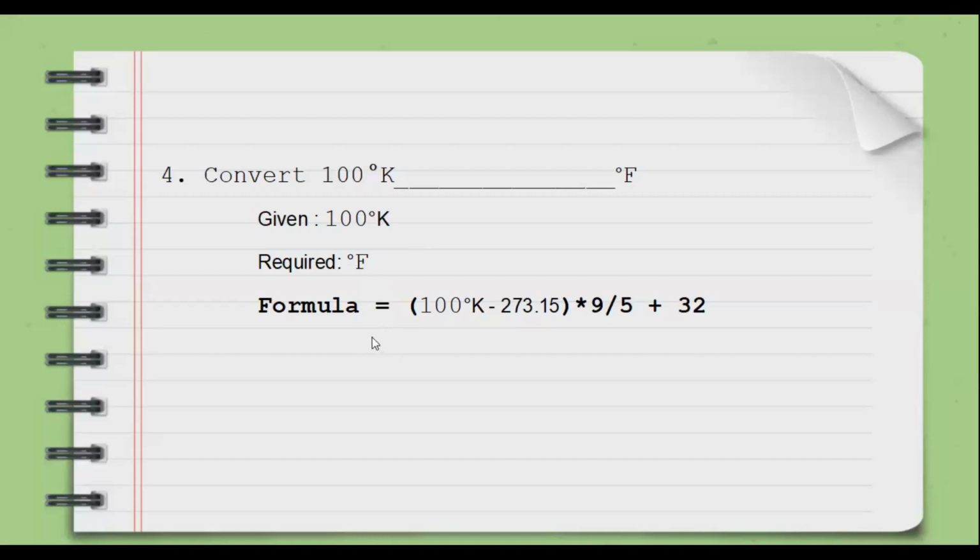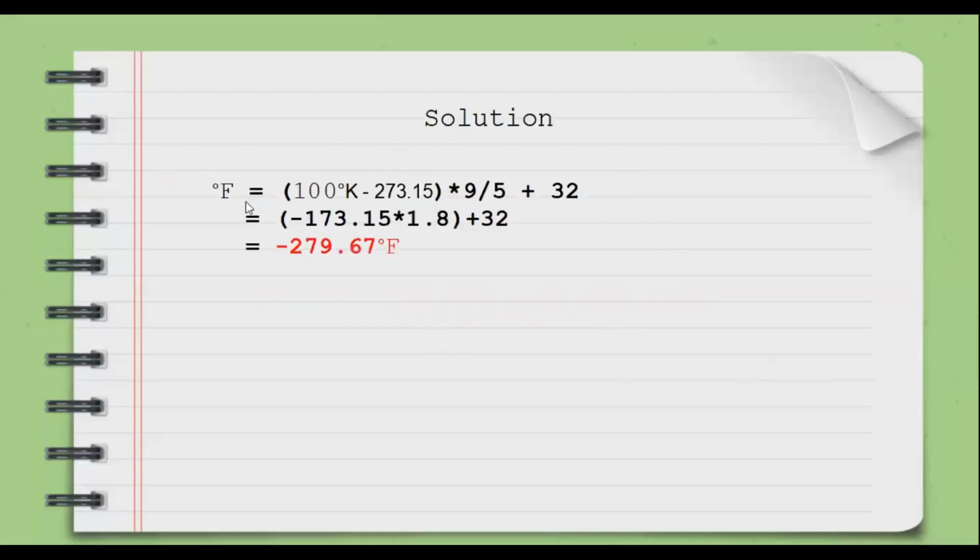So for our formula, 100 degrees Kelvin minus 273.15 times 9/5 plus 32. By regrouping, we have degrees Fahrenheit is equal to 100 minus 273.15.